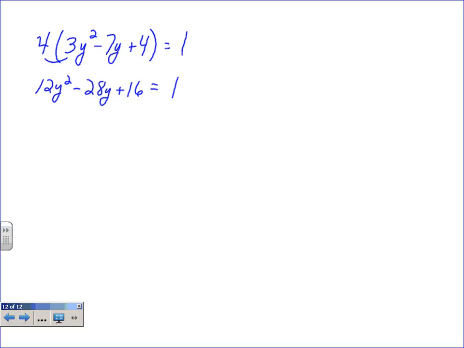And you're going to see why I distributed that first. Now I'm going to subtract the 1 from each side to make this side equal to 0. 12y squared minus 28y plus 16 minus 1 is 15. And that's going to be a very tough factor. But we're going to let you do that. But when you see something like that, distribute first, set it equal to 0, and then factor.